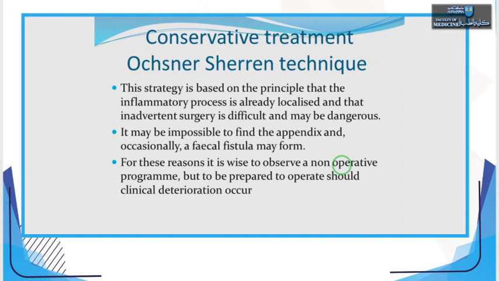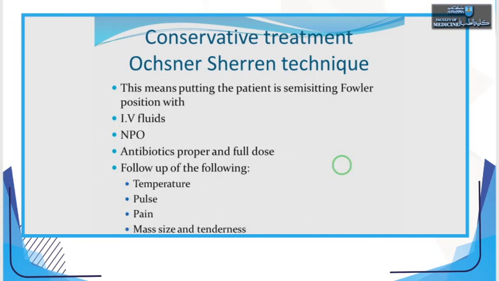That's why we go to a non-operative program, but be ready to operate once the clinical case starts to deteriorate. This means putting the patient in semi-sitting Fowler position, IV fluids, NPO, nothing by mouth, and proper antibiotics in full dosage.